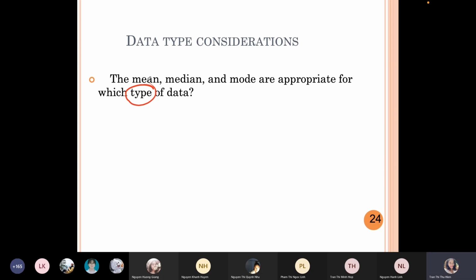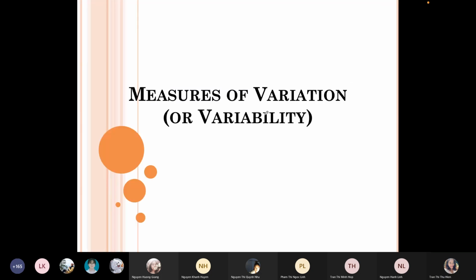So is it appropriate for quantitative data? Okay, so this is the last for central tendency. So let's move to the second part.